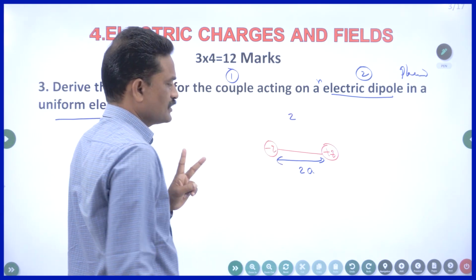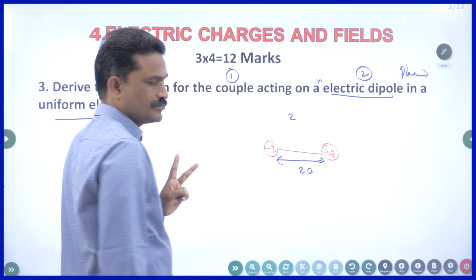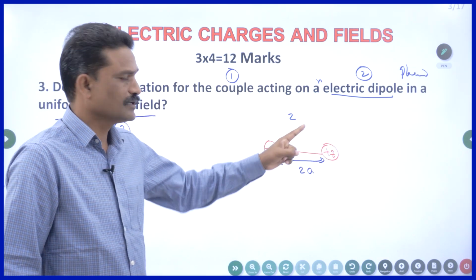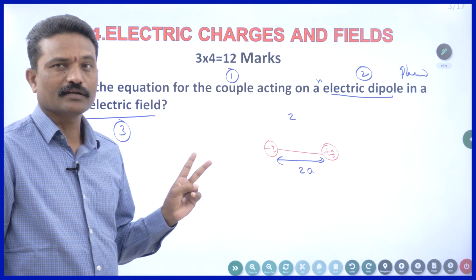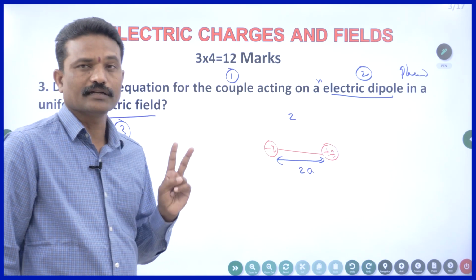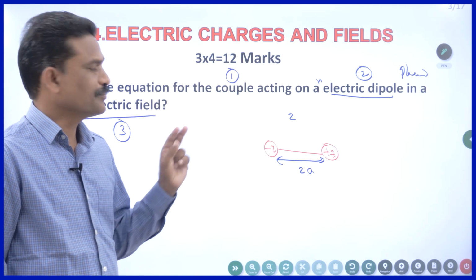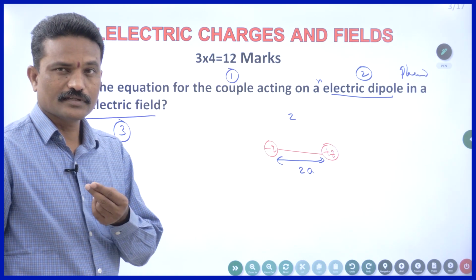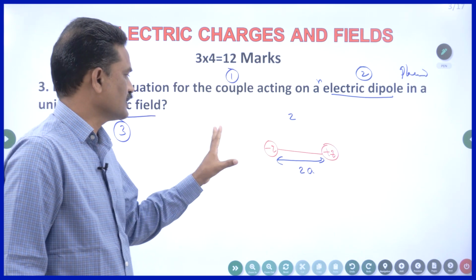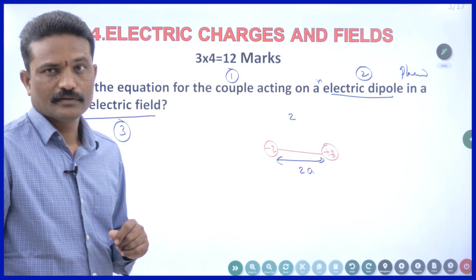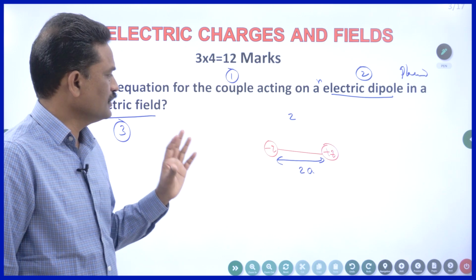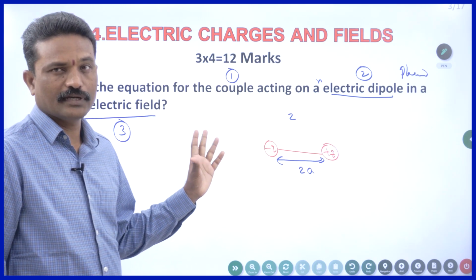What type of two charges? Having the same magnitude. This is Q and that is Q. But they are not like charges, they are unlike charges. Equal and opposite charges are placed together with a small separation, then that is called an electric dipole. Is this clear? Right.